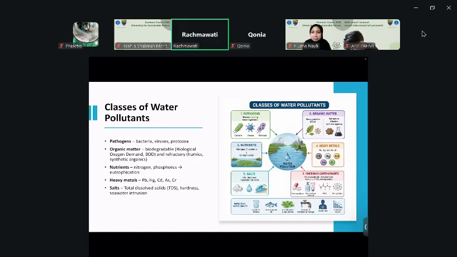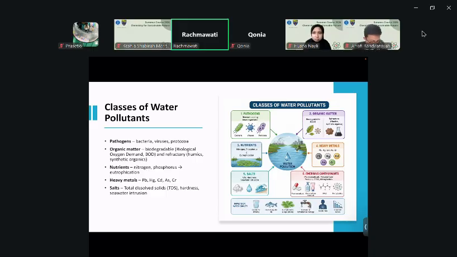And there is also salt, of course. If there is too much salt, then it's not healthy. The amount of them is quantified in TDS, or total dissolved solids, or sometimes in hardness. For example, if you have water with a lot of calcium ion or magnesium ion, that is also not good for drinking water or even for washing clothes.